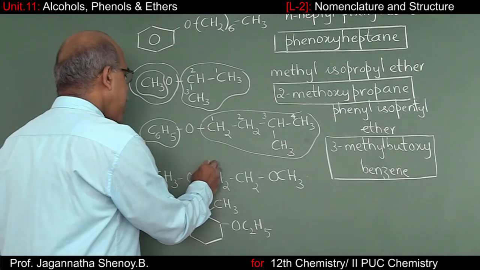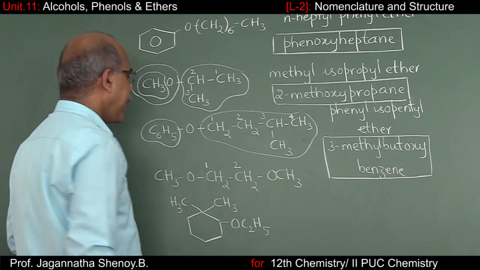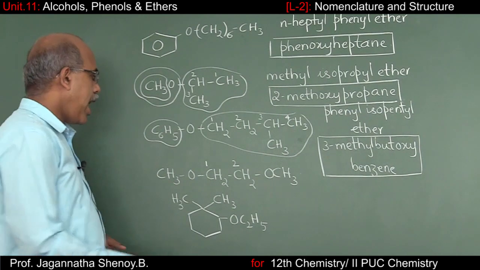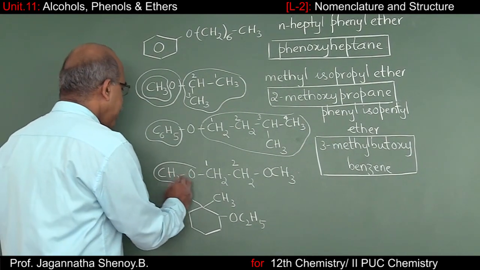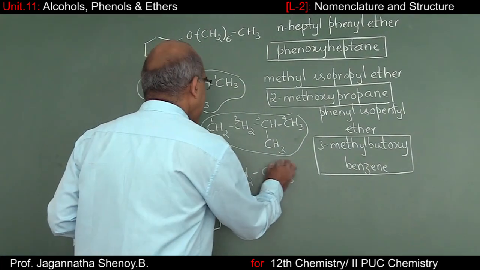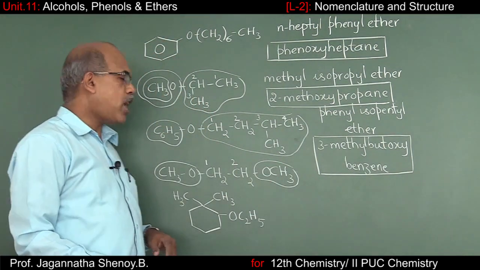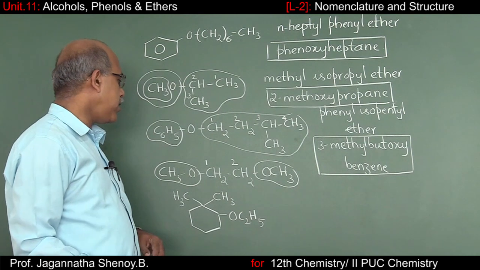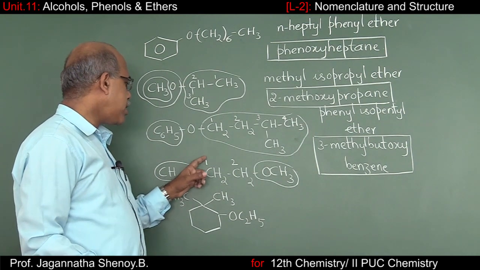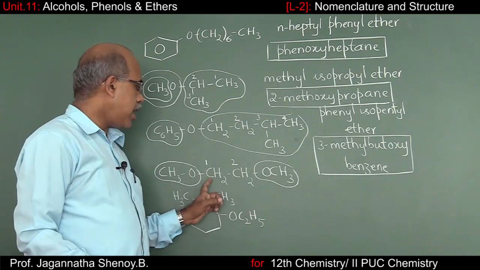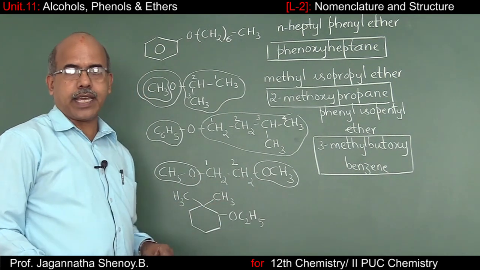You know, the parent hydrocarbon contains 2 carbon atoms, an ethane derivative. And you know that on the first carbon atom and on the second carbon atom, we have a methoxy group. So what is the IUPAC name of this compound? On the first and the second carbon atom, dimethoxy, and it is on ethane.